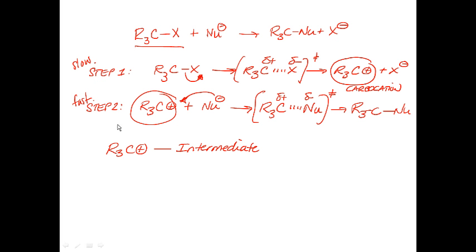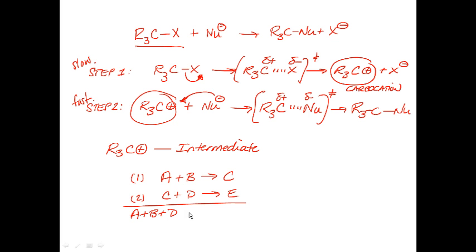If you remember back in general chemistry, if I had a reaction of A plus B and it formed C in elementary step 1, and then C reacted with another molecule D to make, let's say, molecule E, so that my overall reaction here is A plus B plus D makes molecule E. When you have elementary steps, you're allowed to do something that you're normally not allowed to do in kinetics.